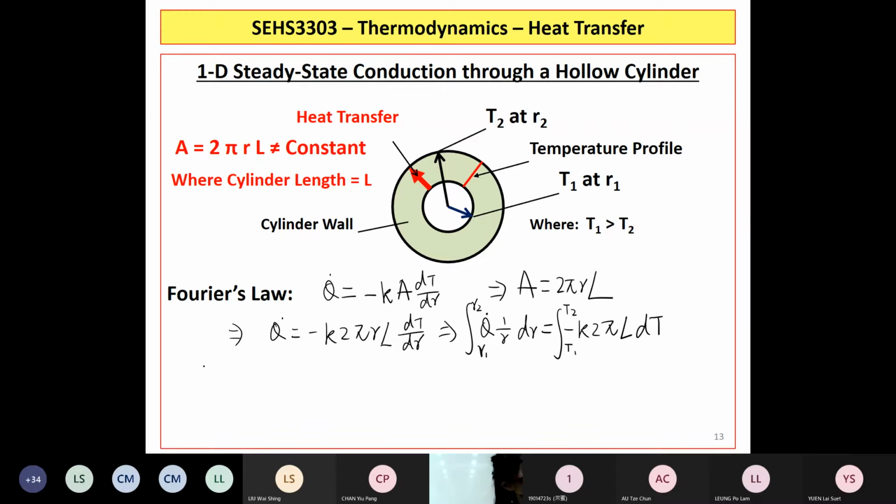Again, we assume Q dot and the conductivity are constant, so we can take them out.